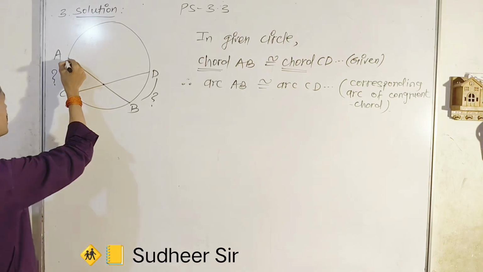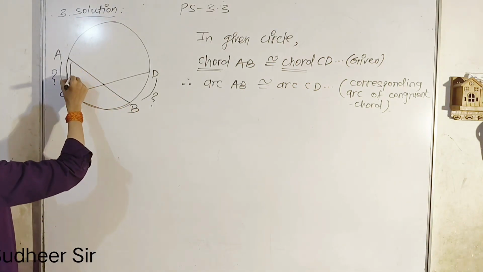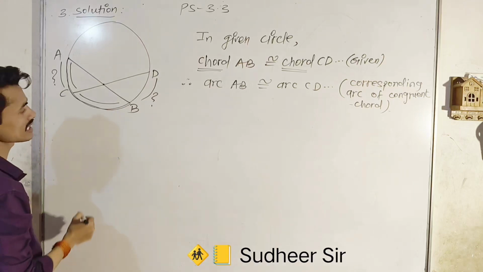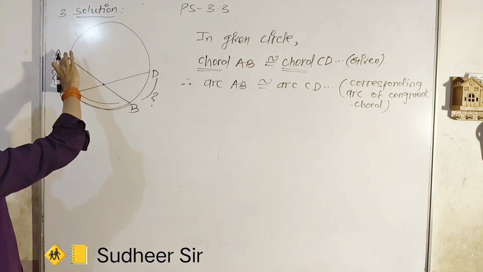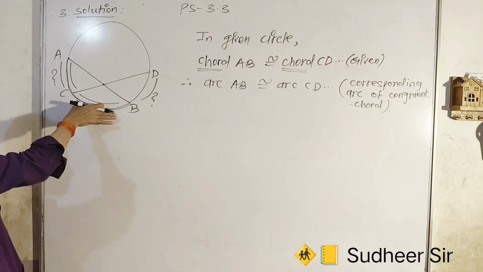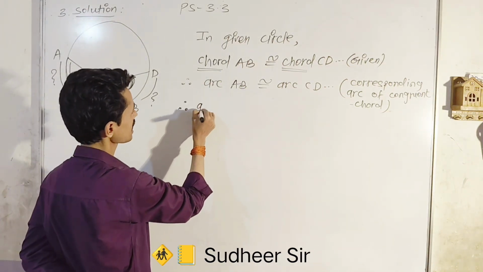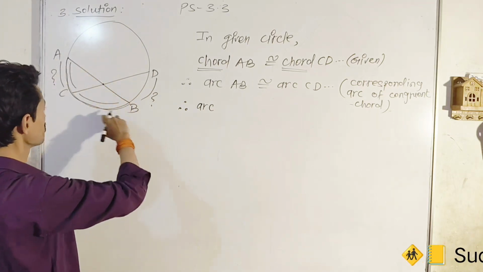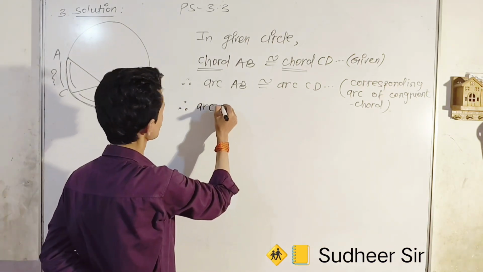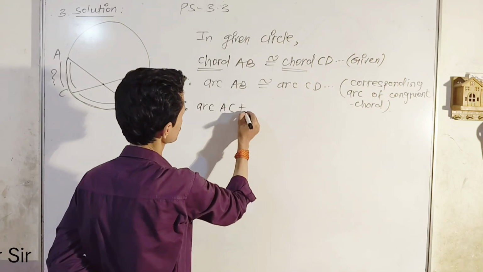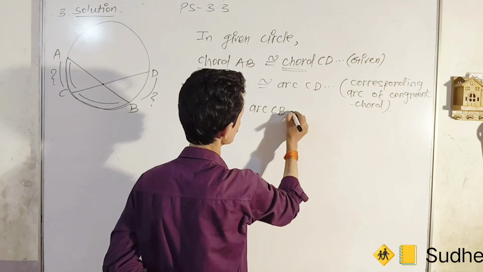After that we can see arc AB is equal to arc AC plus arc CB. Arc AB is the measure of the AC part plus CB. So we'll write arc AC plus arc CB equals to.